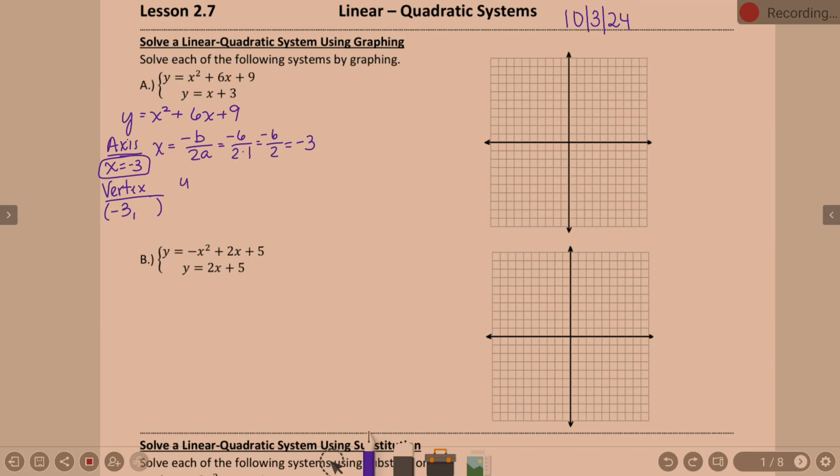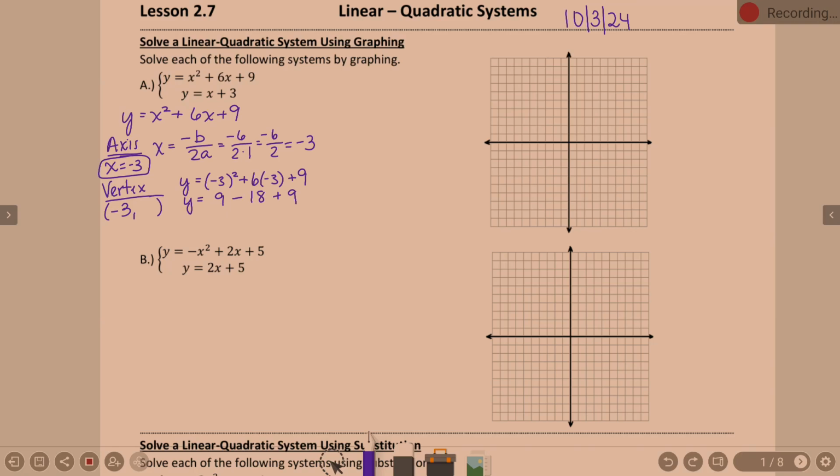So that means I'm doing what? Negative 3 squared plus 6 times negative 3 plus 9. Negative 3 squared is 9. 6 times negative 3, negative 18 plus 9.